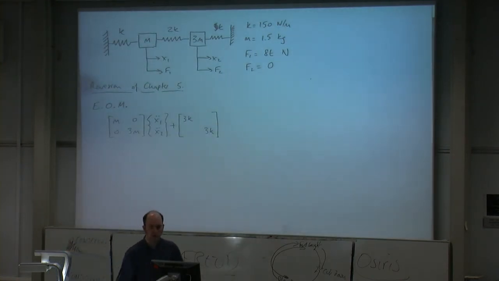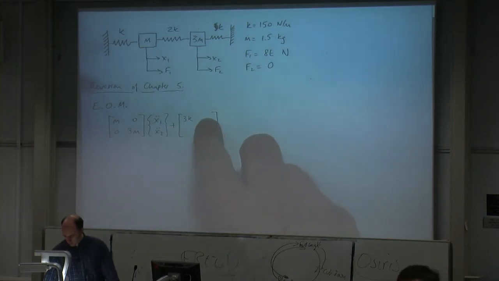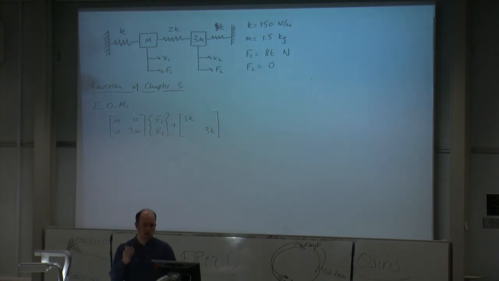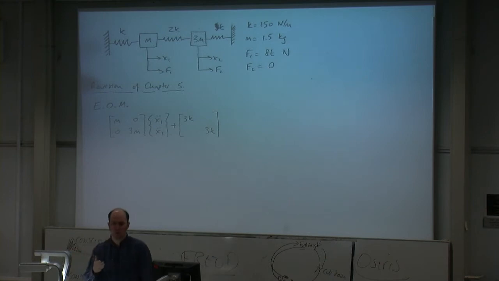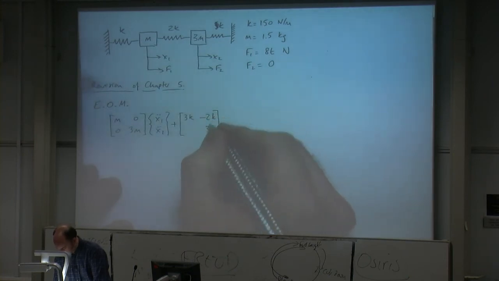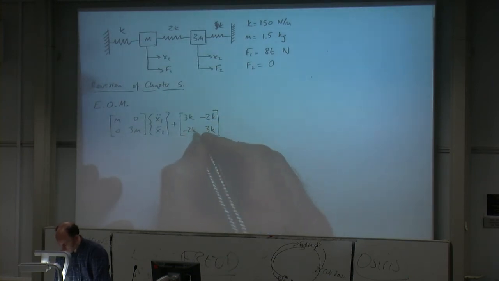And for the off diagonals, which are these points here, 1, 2 and 2, 1, you look at mass 2 and mass 1, and you look at the springs between the two, and it's going to be minus the sum of those springs. So in this case, we have simply minus 2k between mass 1 and mass 2, and minus 2k between mass 2 and mass 1.